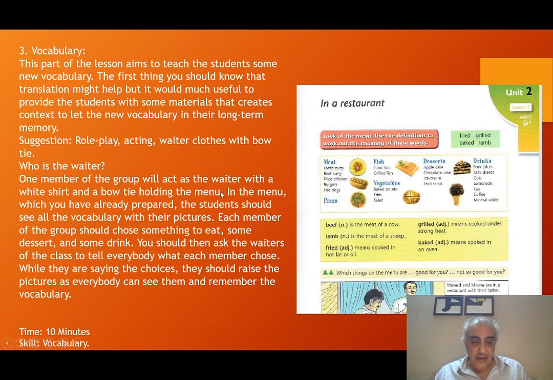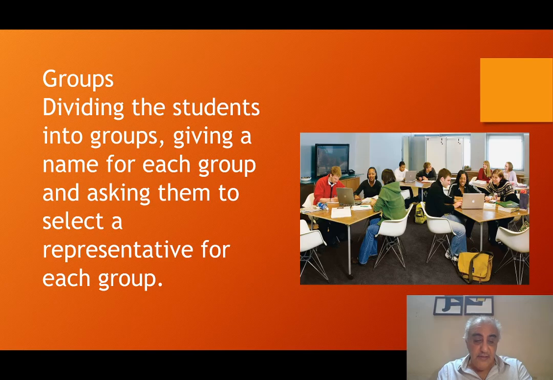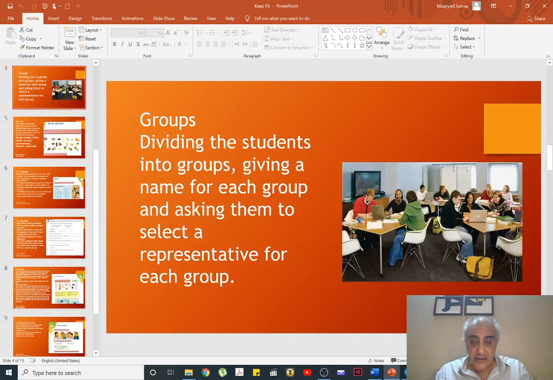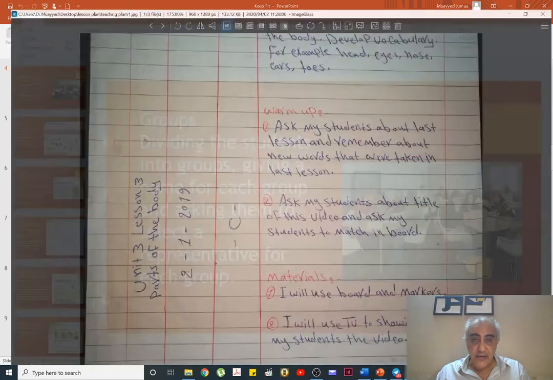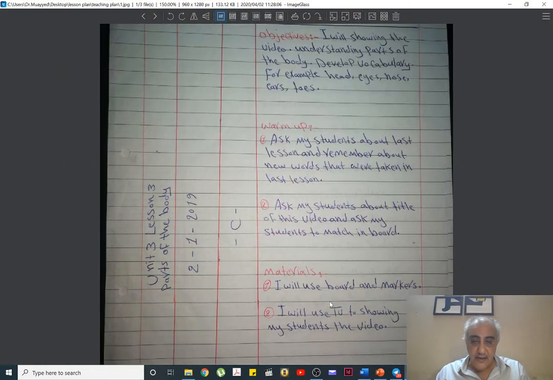So remember, it's not necessarily this; this is just a sample. So what are the materials that you are going to use? You have to tell me what the materials are, and then you write them here in your plan, okay? So what kind of materials are they going to use.